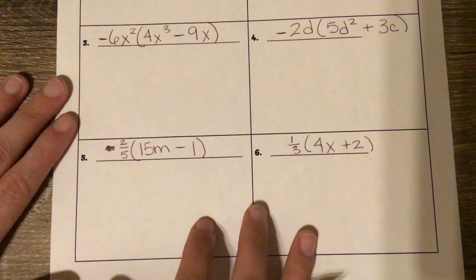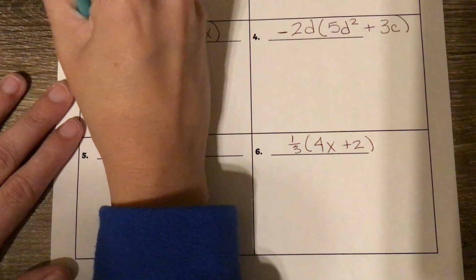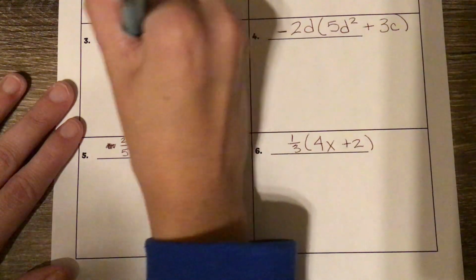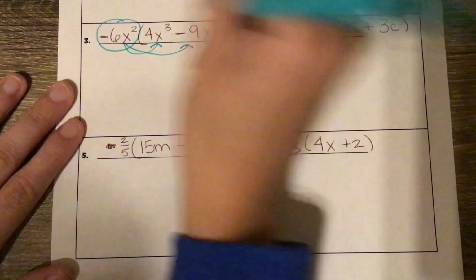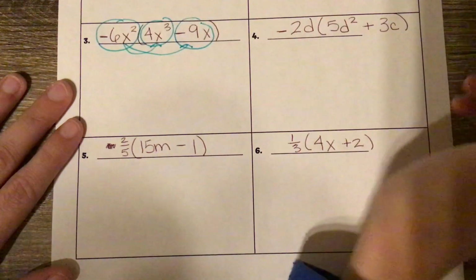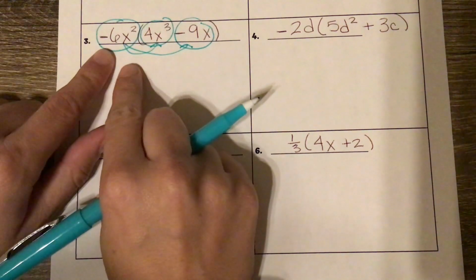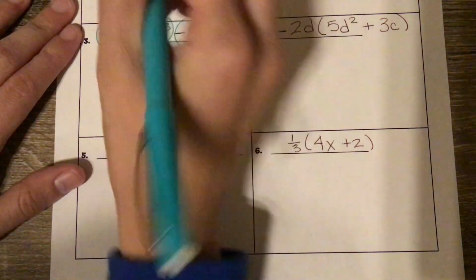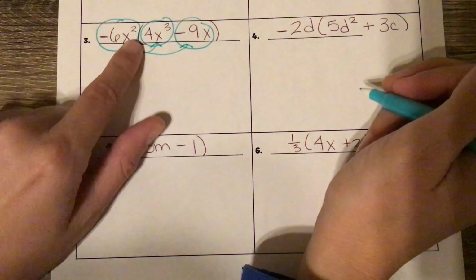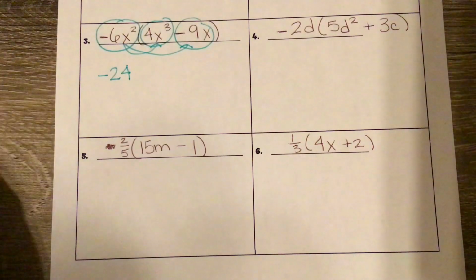Number 3, the number on the outside being distributed is -6x squared to both terms on the inside. So times positive 4x cubed and -9x. So -6 times positive 4 is -24. x squared times x to the third.